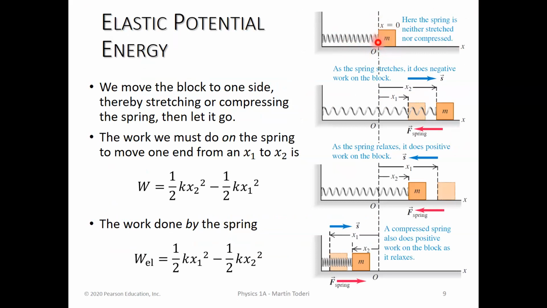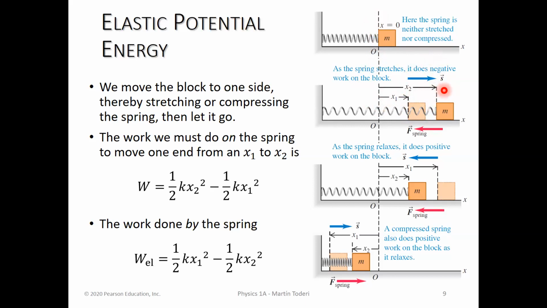So we have x equals 0. That's the resting point of our spring. And then if we start pulling it, let's say we pull it from x1 to x2, we have a displacement for that object, and we have a displacement vector here.